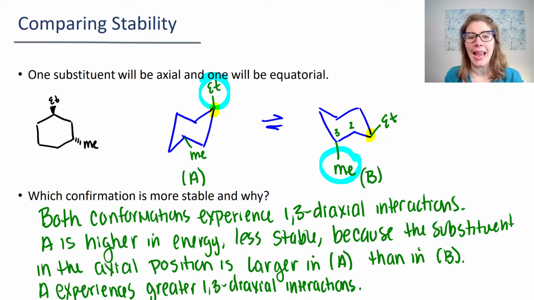And because A is less stable, that means B is more stable because you have fewer 1,3 diaxial interactions, due to the fact that the methyl is smaller than the ethyl.